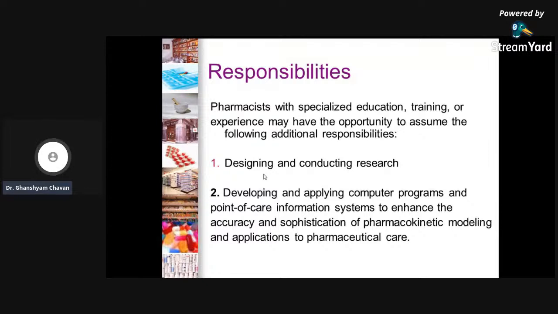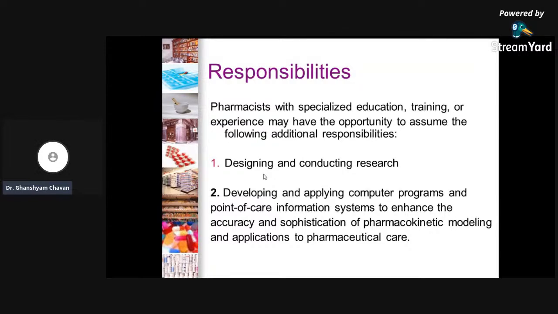Second is developing and applying computer programs and point of care information systems to enhance the accuracy and sophistication of pharmacokinetic modeling and its application to pharmaceutical care. Yes, because computers are very accurate in their work. So why should we not make use of these computers?